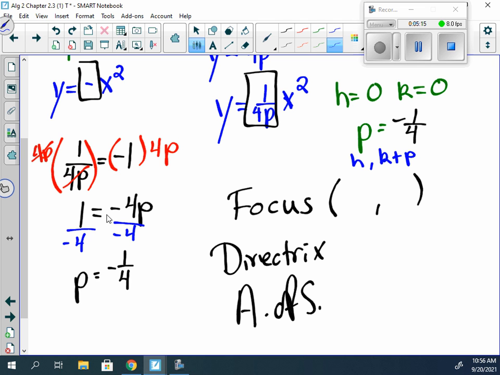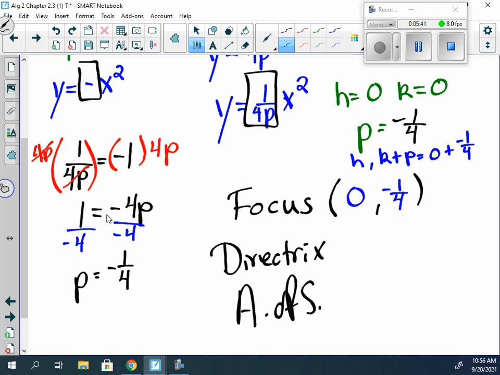What's the value of h? k plus p would be 0 plus negative 1/4, which is just negative 1/4, because 0 plus negative 1/4 is going to be negative 1/4. So our focus is 0 comma negative 1/4.